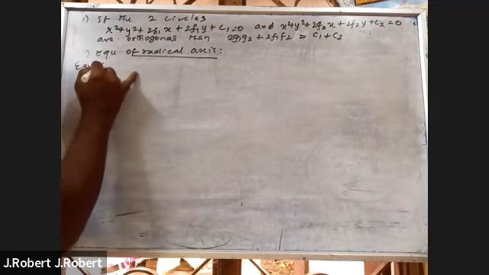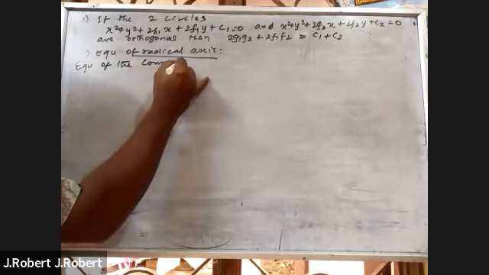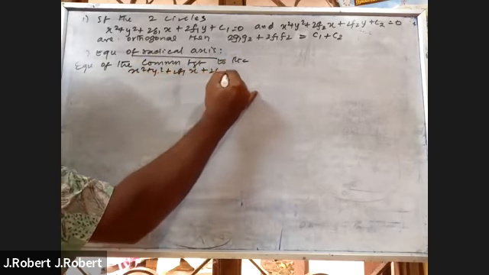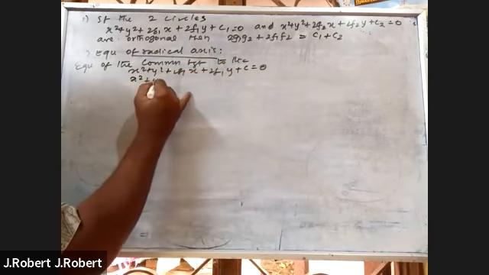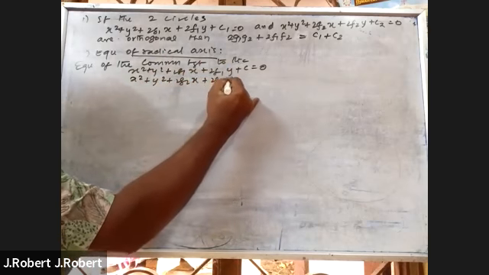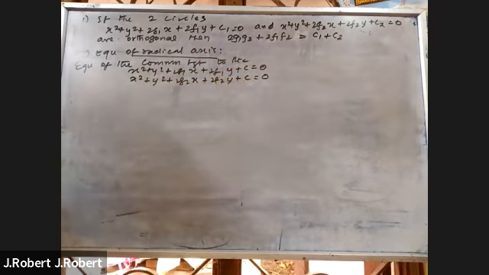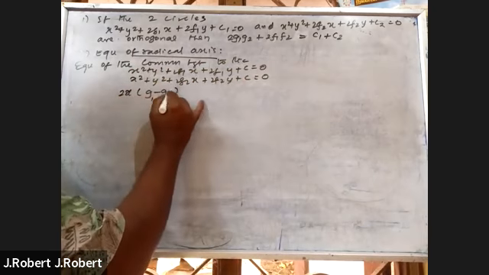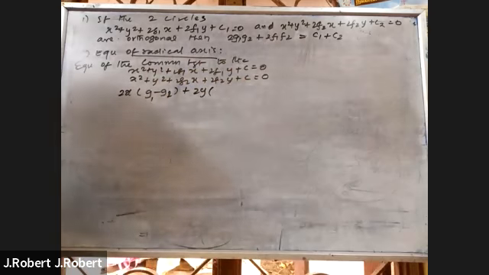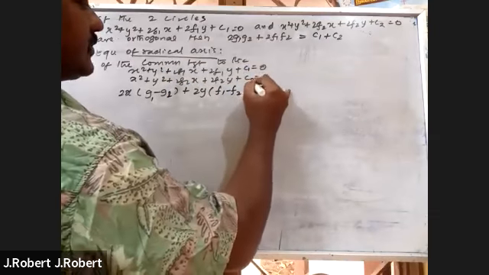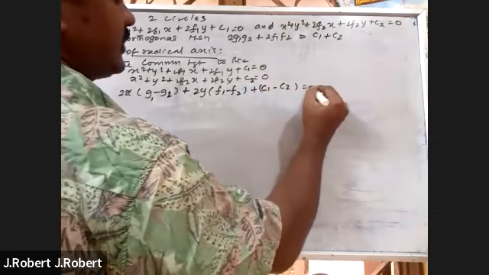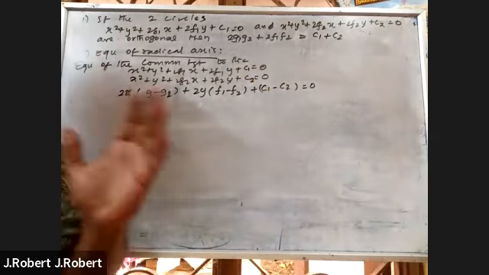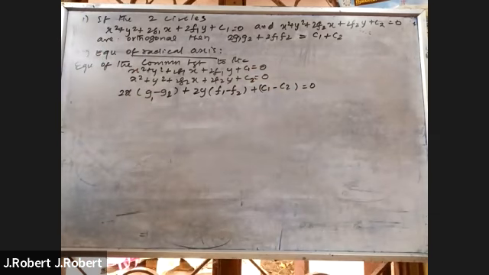The equation of the common chord of the circles x square plus y square plus 2g1x plus 2f1y plus c1 equal to 0 and x square plus y square plus 2g2x plus 2f2y plus c2 equal to 0 is 2x into (g1 minus g2) plus 2y into (f1 minus f2) plus (c1 minus c2) equal to 0. Very, very useful. You may not know now, but when you face a problem like this in the entrance exam, you will know how helpful it is. Okay, the final one.